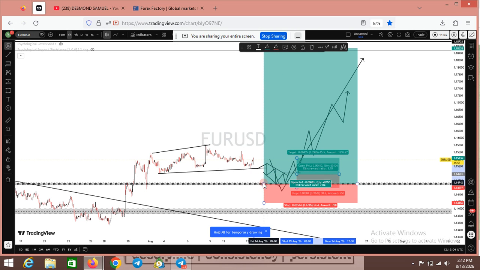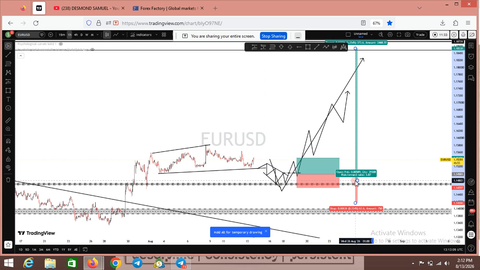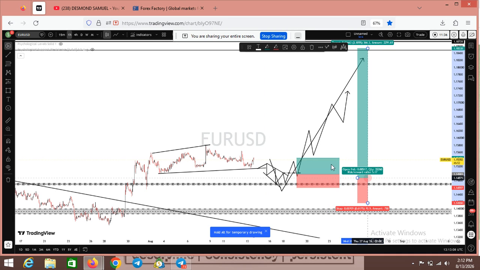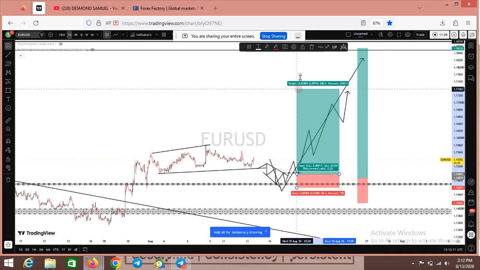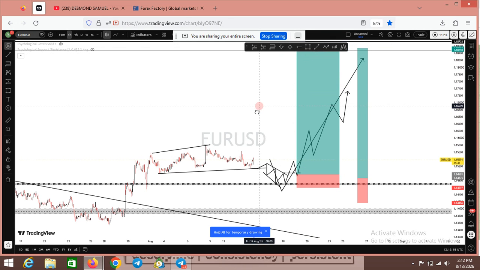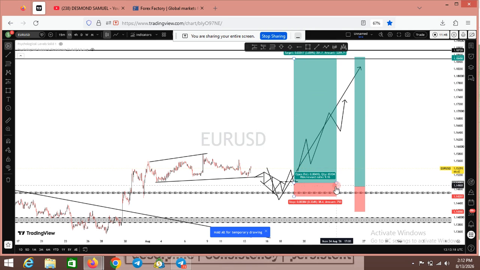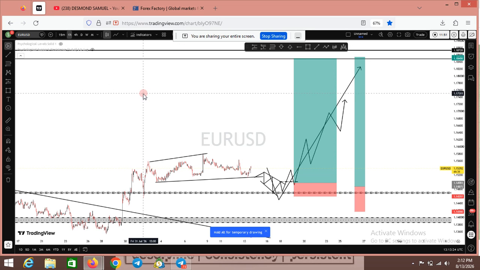So let's see. Let me move this a little bit. This is where the real buy is going to happen, to this point, and that's the risk to reward ratio. It is a 1 to 9. That is the beauty of swing trading.